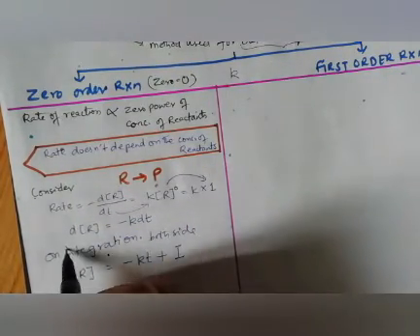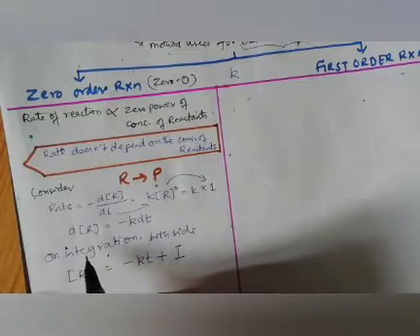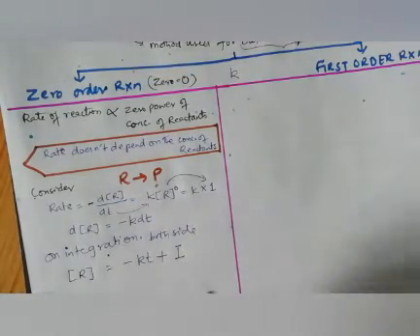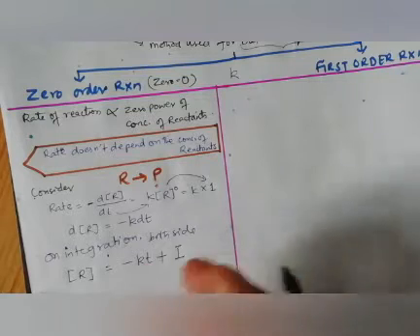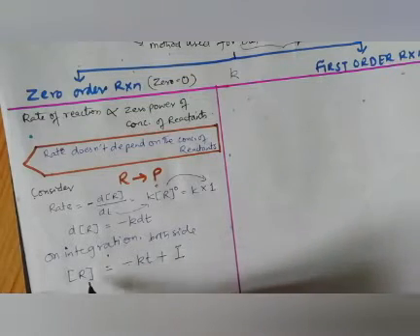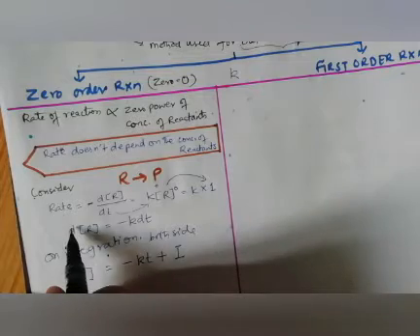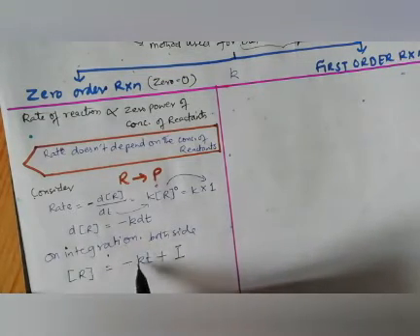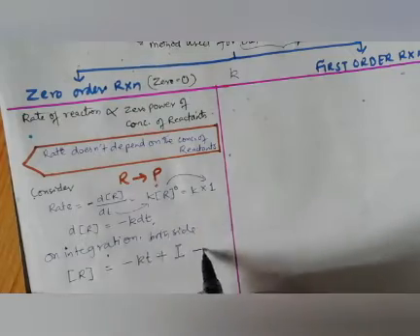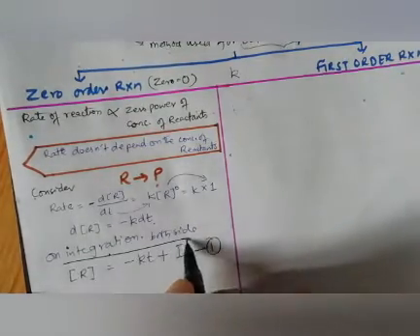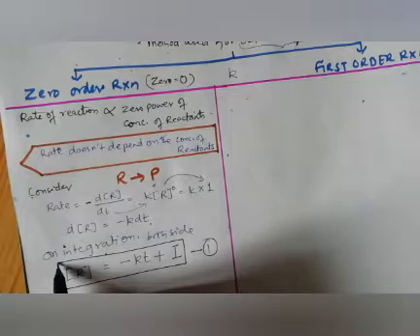In mathematics you have done differentiation and integration: differentiation is used to study a very small period, and integration is used in detail. So this is [R] equal to minus kt plus I. This is our equation 1.